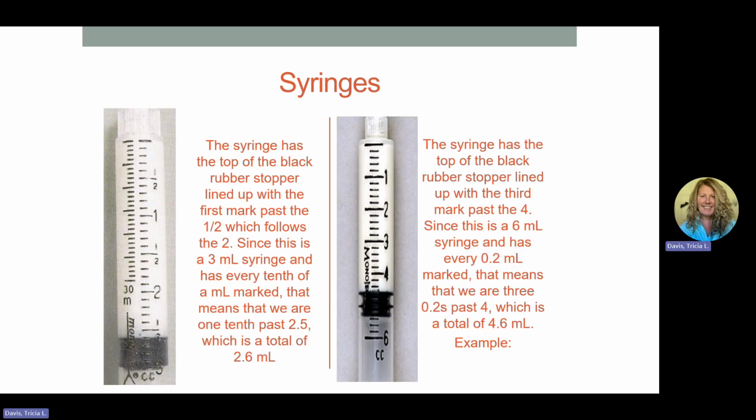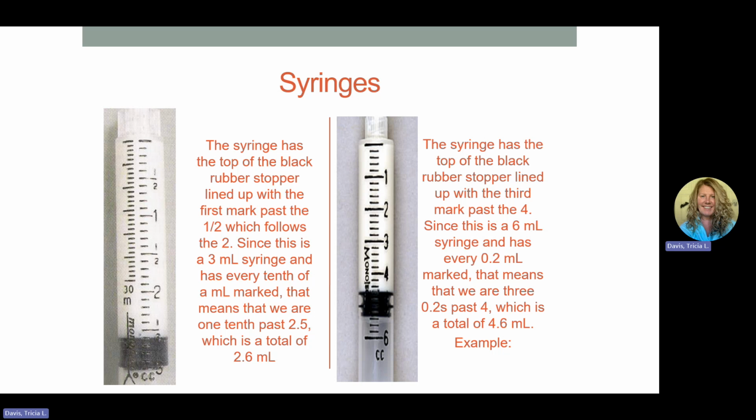So a little bit more about the syringes that we talked about earlier. If you look off to the left here, this syringe has the top of the black rubber stopper lined up right here with the first mark past the 1/2, which follows the number 2.